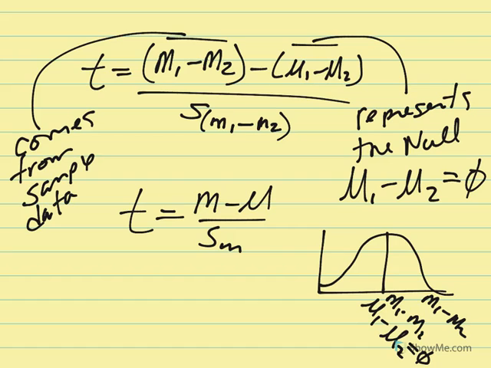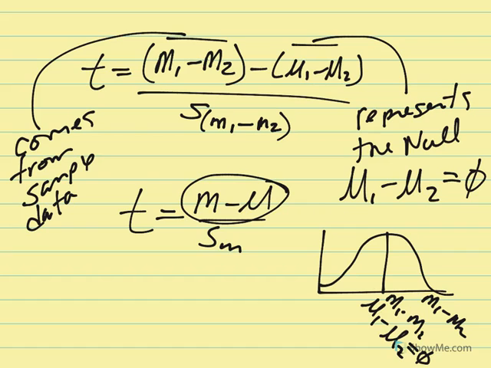So again, notice the difference. Now we're shifting from just calculating a t-value for one sample mean to calculating the t-value for the difference between the two sample means. The wording of the numerator is still the same, mean difference.